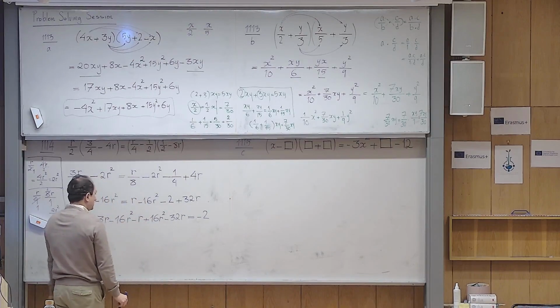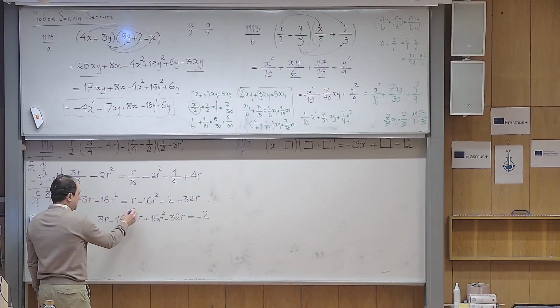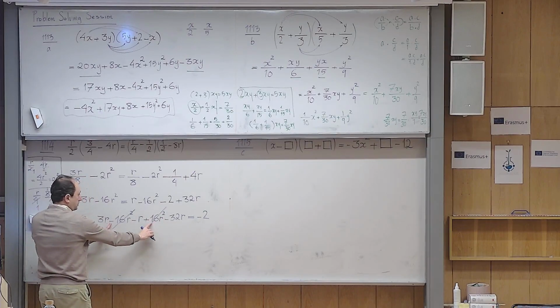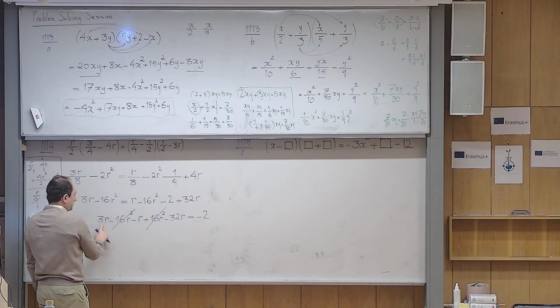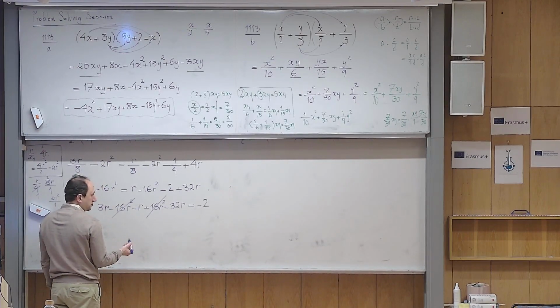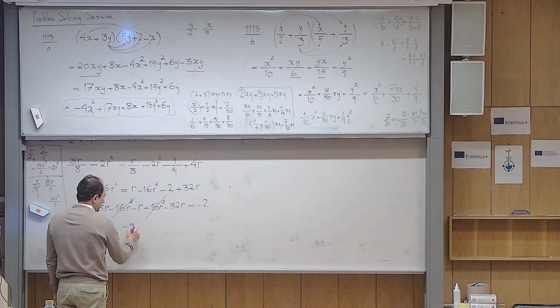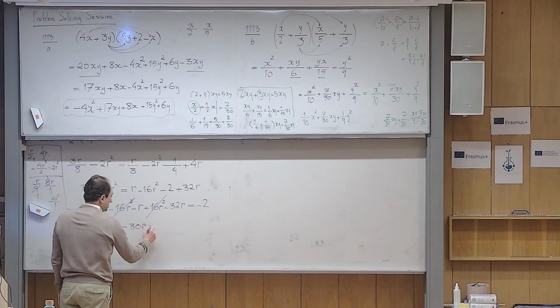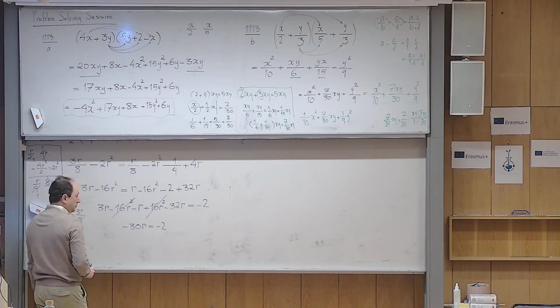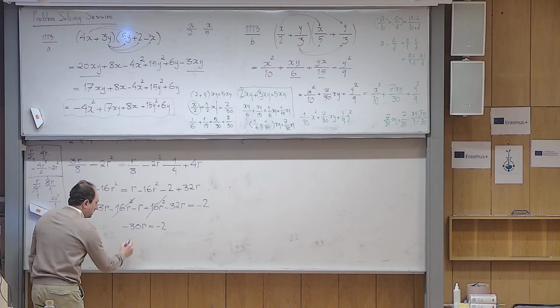And then you see this and that are cancelled because they are similar but opposite. And then I have a 3r here. Minus r is 2r. And minus 32r becomes what? No, negative 30r. Yes? On the right hand side, I have minus 2. And I want to isolate r. So I divide by minus 30.